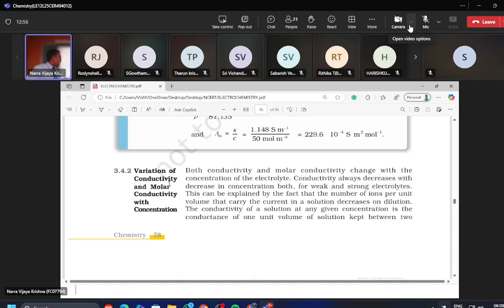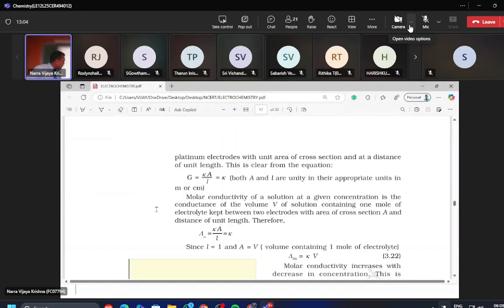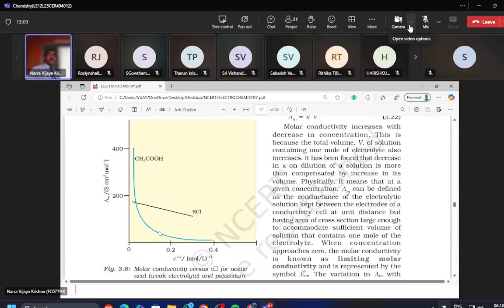Variation of conductivity and molar conductivity with concentration, on increasing or decreasing concentration, already we discussed this point. This graph also we have seen. Seen or not? If it is weak electrolyte, you get almost a rectangular hyperbola almost parallel to the y-axis. If it is a strong electrolyte, a straight line, when it touches the y-axis, that is lambda m naught. Right?